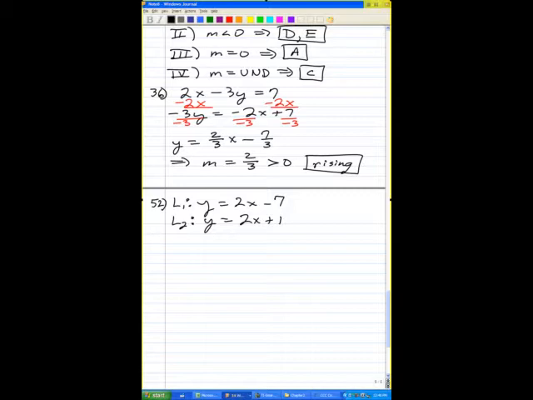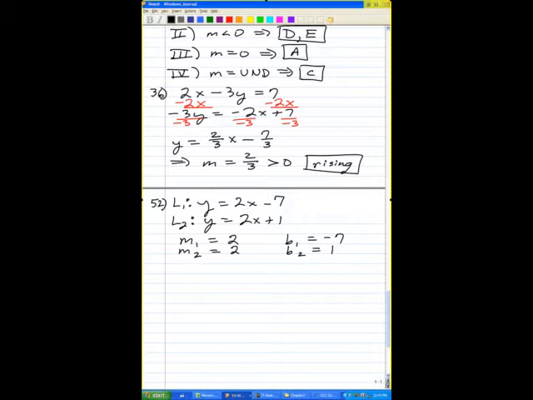Okay, so let's look at line L1. Well, it's already in the form y equals mx plus b, and so the slope of the first line is 2, and its y-intercept is negative 7. The slope for the second line is also 2, and its y-intercept is 1. Since the slopes are the same, then these two lines are parallel.